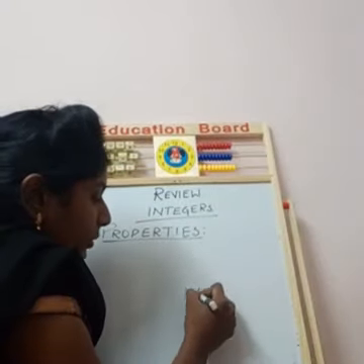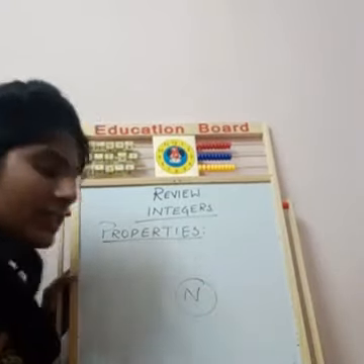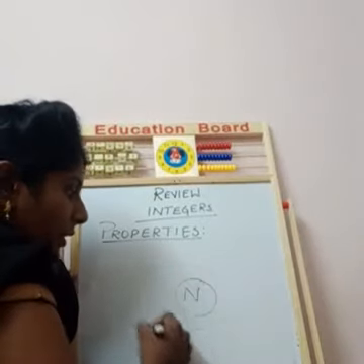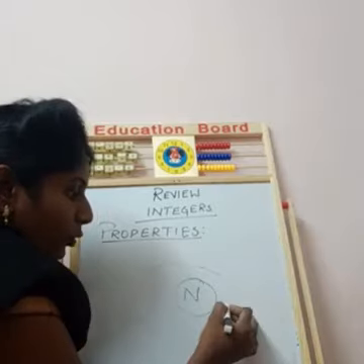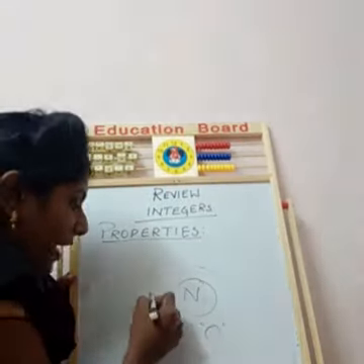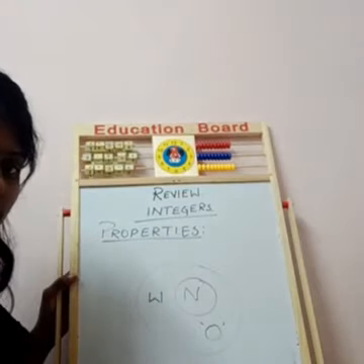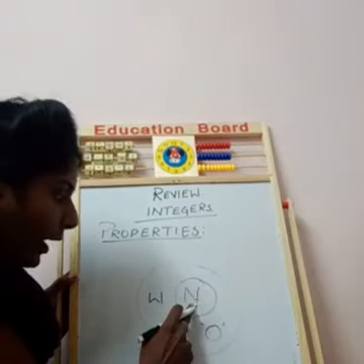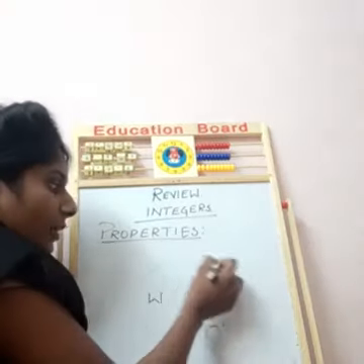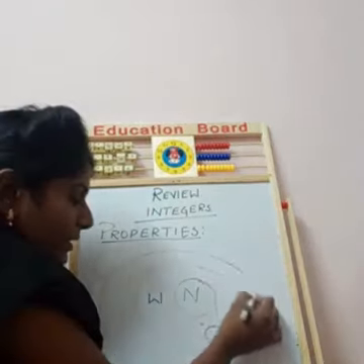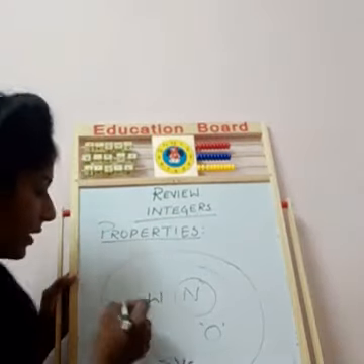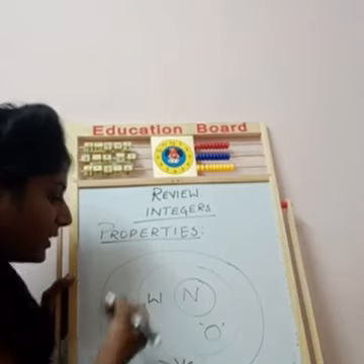If this belongs to the natural number set, all natural numbers including 0 are known as whole numbers. Natural numbers along with 0 and with negative numbers are integers.